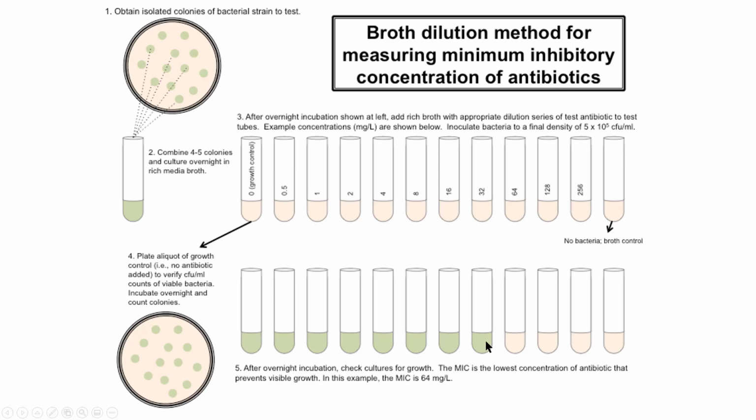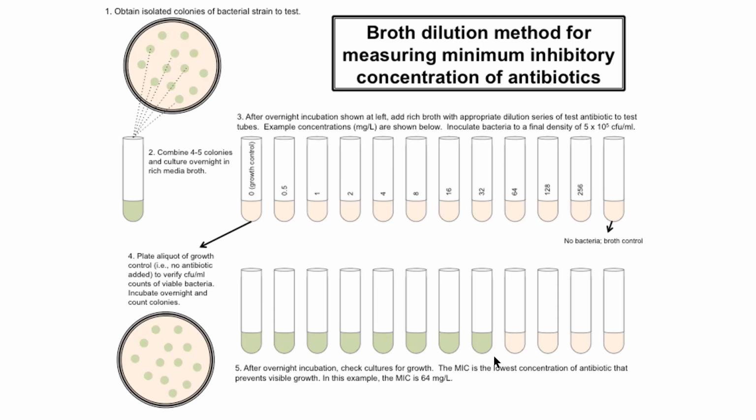So the minimum concentration needed to kill the organism in this example is 64, because at a concentration of 32, the organism was growing in the test tube, but at 64 or higher, nothing was growing. And that's how they measure the minimum inhibitory concentration for a specific antibiotic.